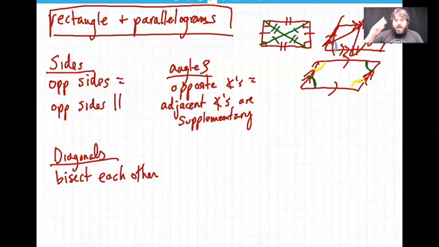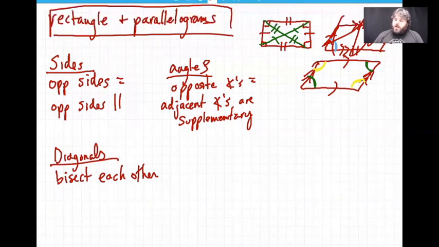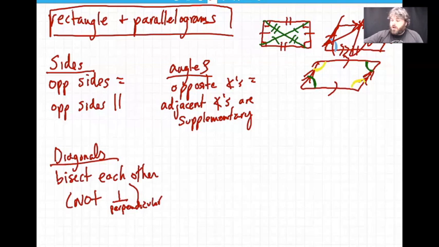Now, they are not perpendicular. And that's the symbol for perpendicular there. They're not perpendicular, okay? And it has to do with the fact that all four sides are not the same. That's why they're not perpendicular to each other.